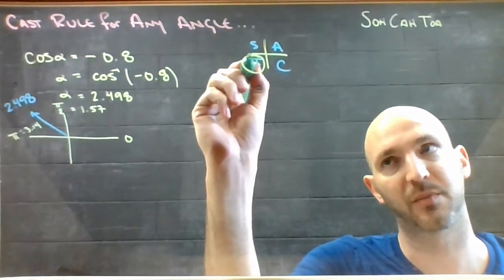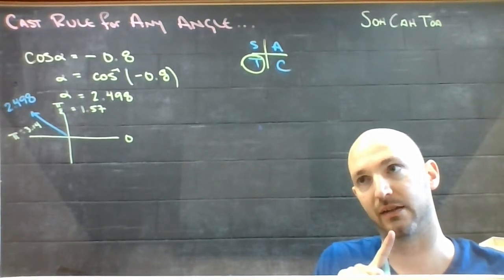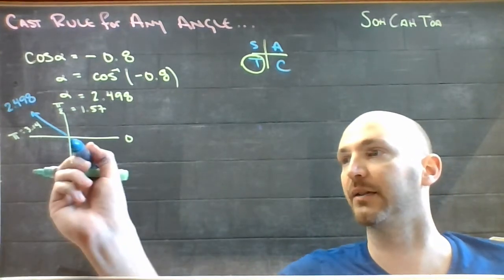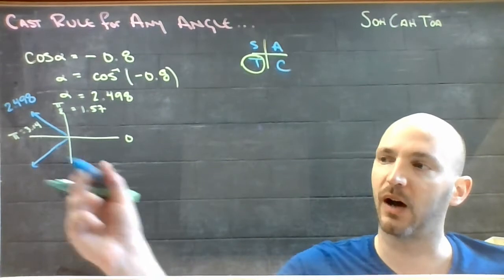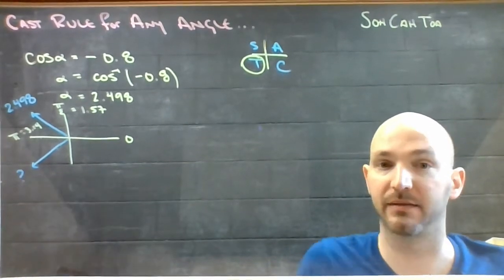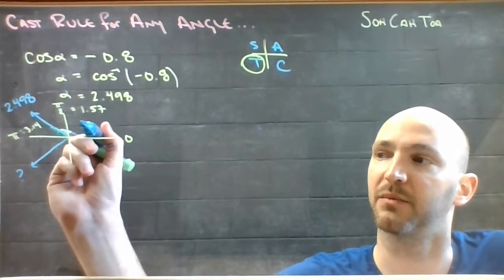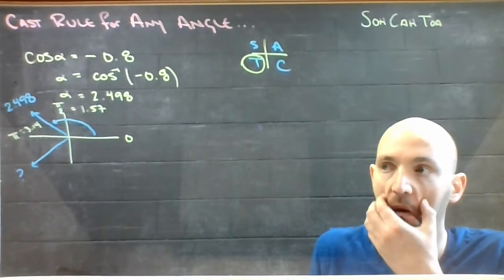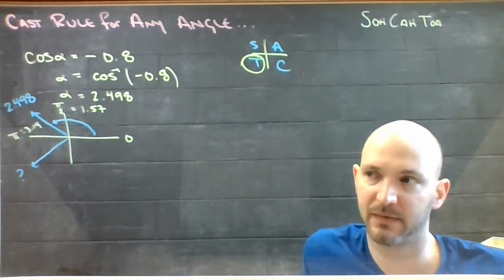This is the other place where cosines are negative. So I'm going to add it to this diagram down here. So I have to get to this spot. How am I going to do that? I was told that this family member is at 2.498. So I can get to this one.